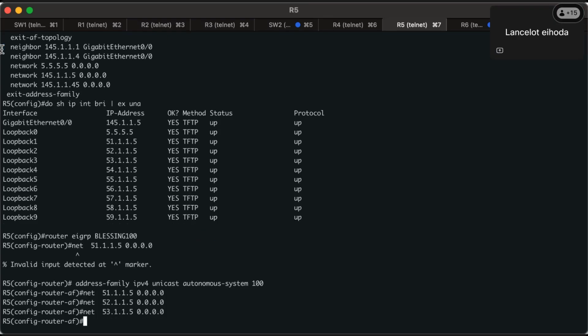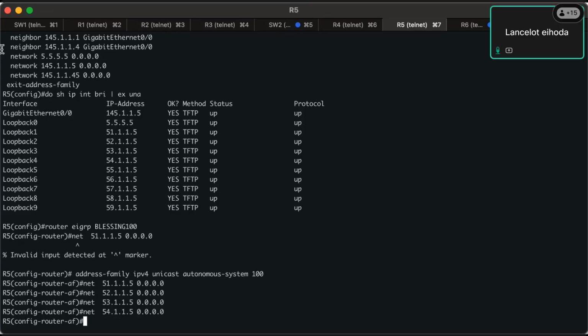Three. As of 54. Let's go back to router 1 and see.